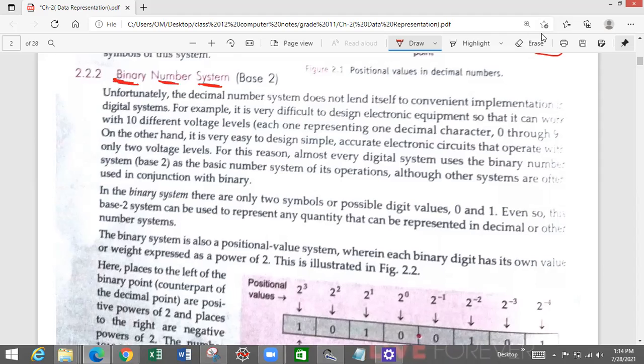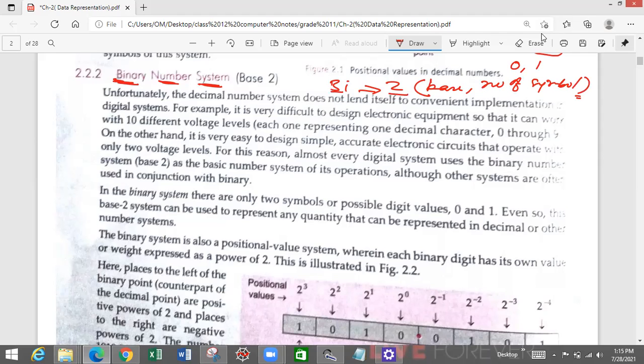See, binary, bi means 2. This 2 is the base also. This 2 is the number of symbols also. Which are those two symbols? 0 and 1.